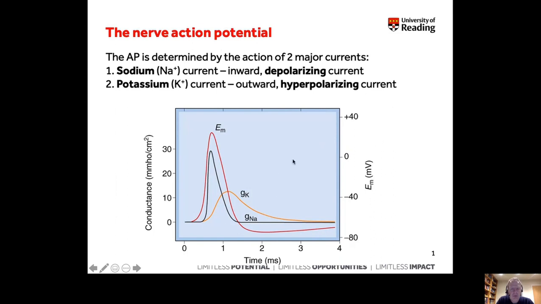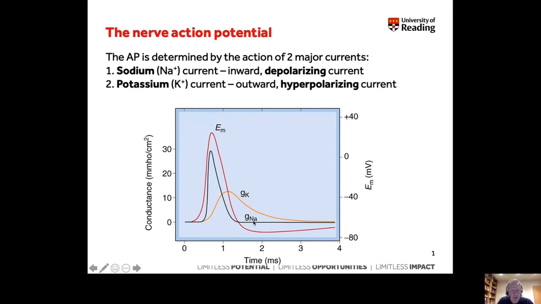This is really just a slightly different diagram to the one that I've shown you previously, and it really just highlights the importance of sodium, Na+, and potassium, K+, in the derivation of the nerve action potential. So essentially this term here, G, stands for conductance. So Gna is the conductance of sodium, Gk is the conductance of potassium.